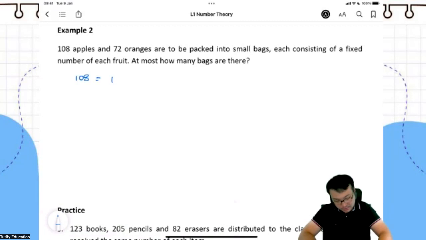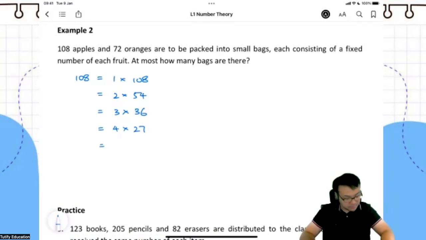108. I start off with 1 times 108. 2 times 54. 3 times 36. 4 times 27. 5, nope, 108 is not a multiple of 5. 6, yep, 6 times 18. 7 can or not?